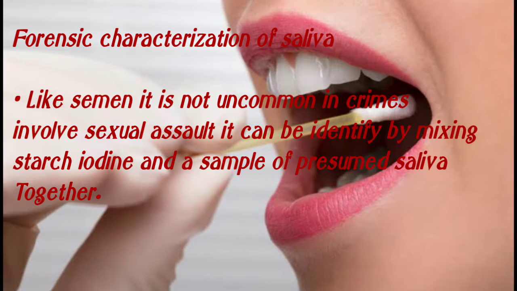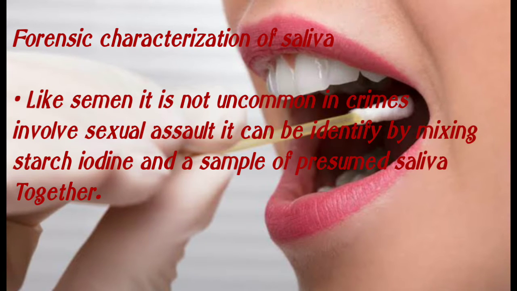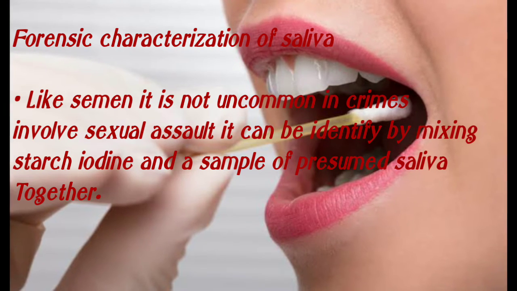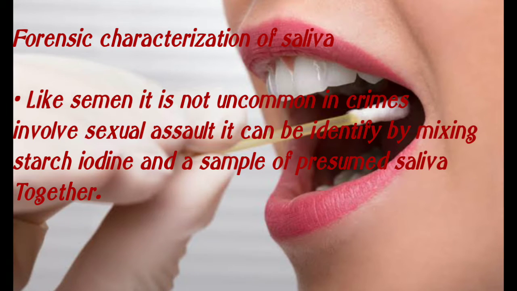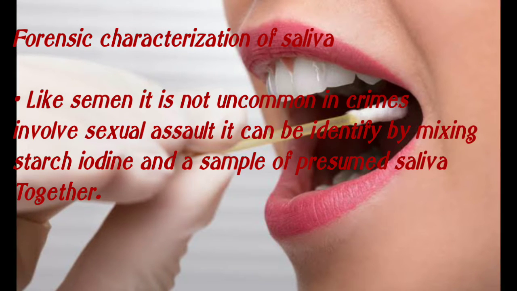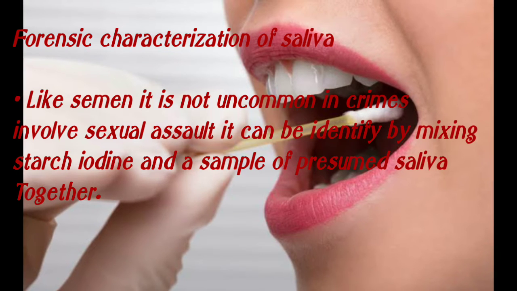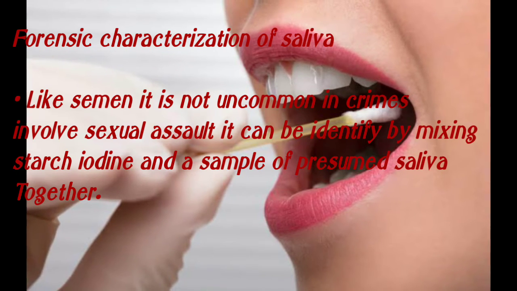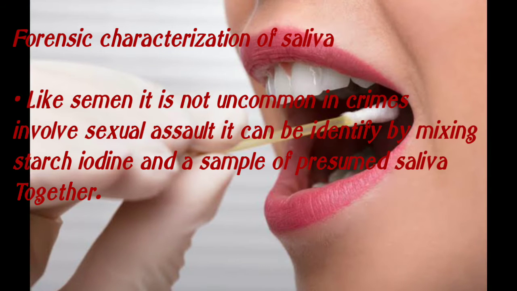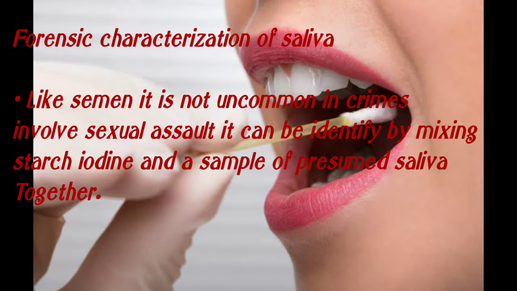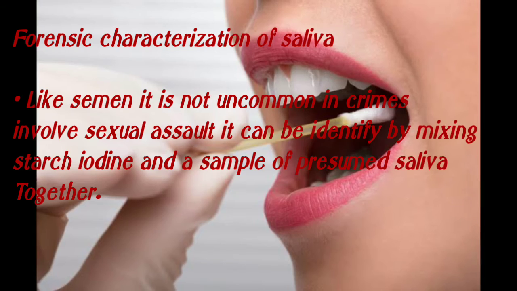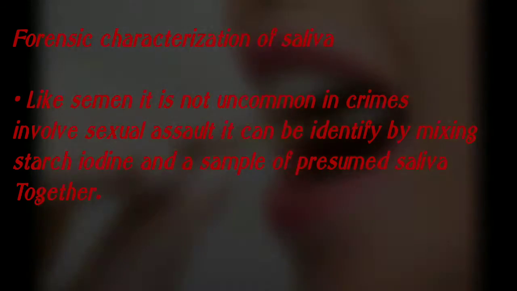Like semen, it is not uncommon in crimes involving sexual assault. It can be identified by mixing starch, iodine, and a sample of presumed saliva together. Through that, you can identify if that body fluid is saliva or not. You can also match it to the suspected person. If it matches, he is the possible suspect.